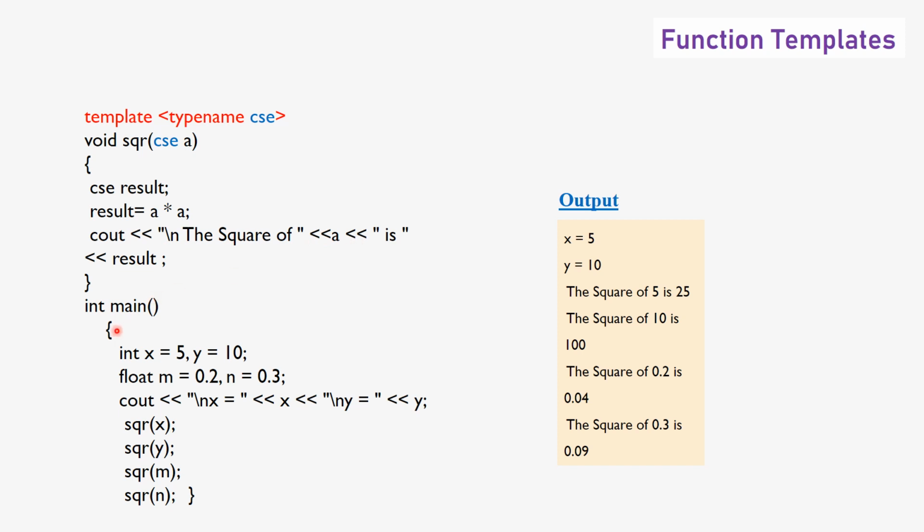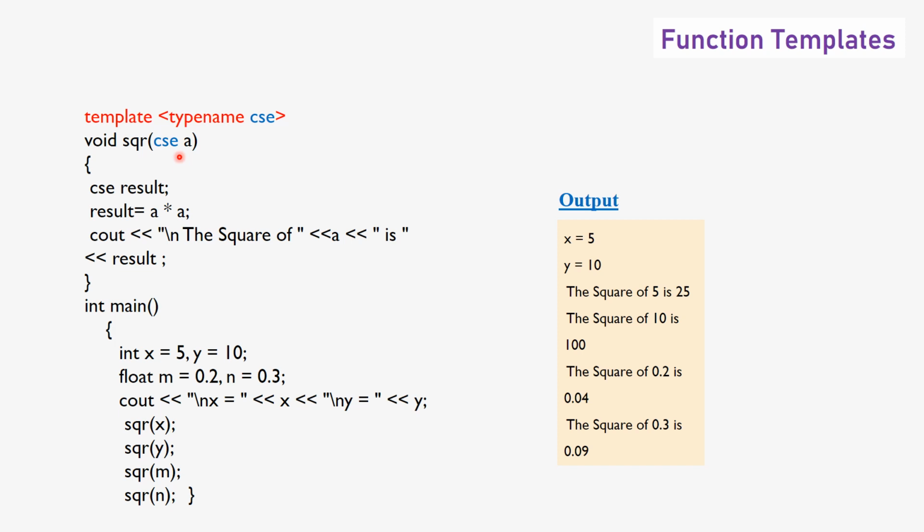So in the main function we have two integer variables, two float variables, and now we are calling the sqr function. When we pass an integer variable to the sqr function here, the value of x is 5, so that means an integer value is passed to the sqr function.